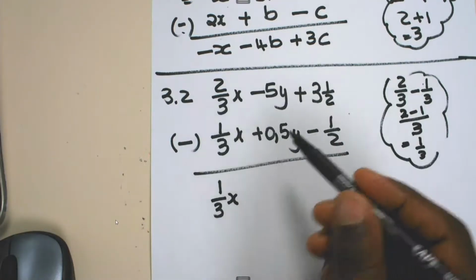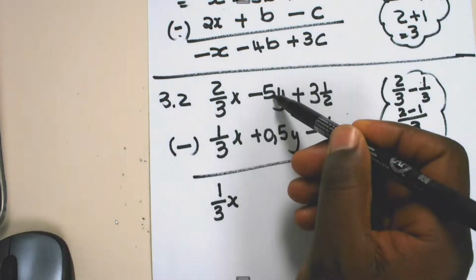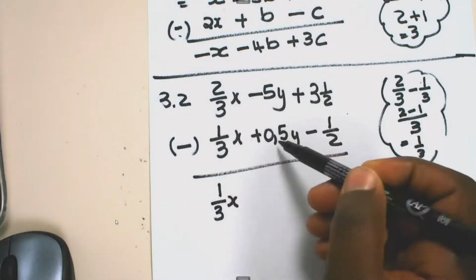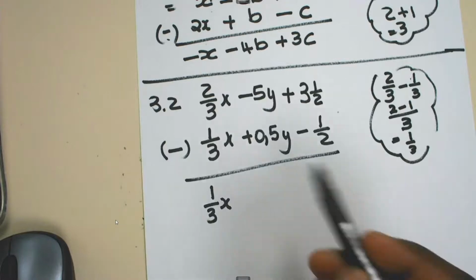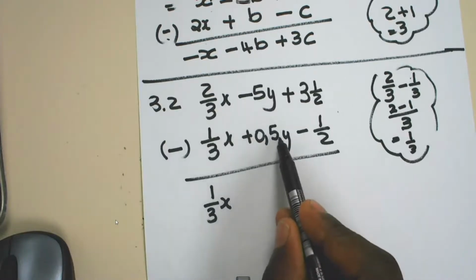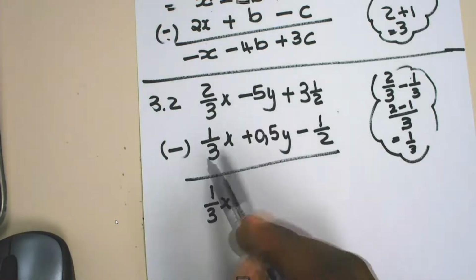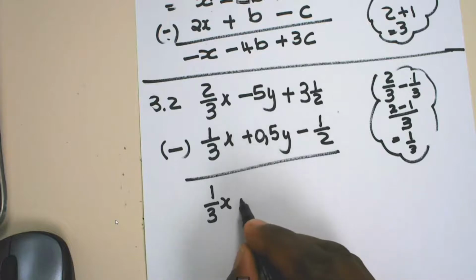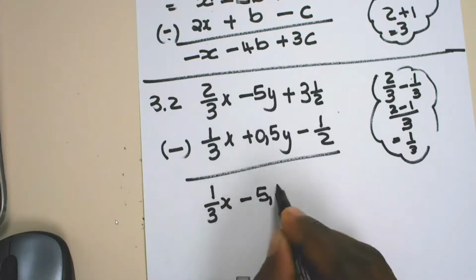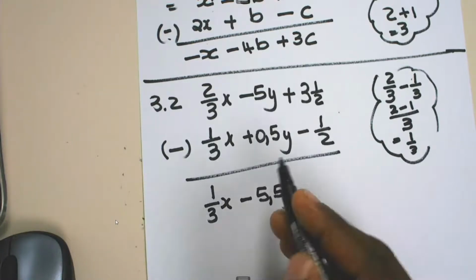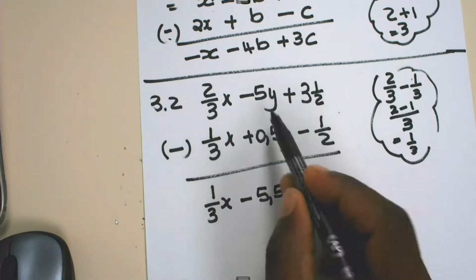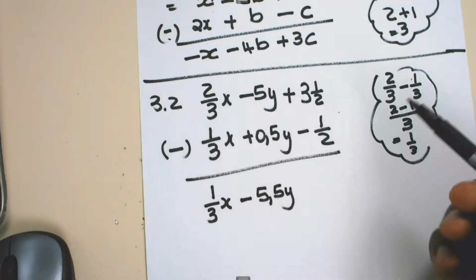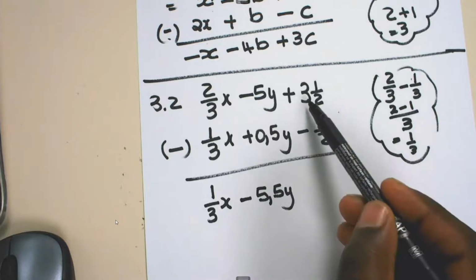And then the next one, negative 5, you subtract 0.5. So negative 5 subtract 0.5 will be negative 5.5y. You'll be adding this and this. Both of them will be negative, all right? In this case, it is 3.5.